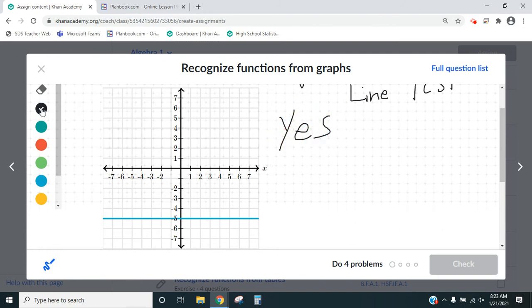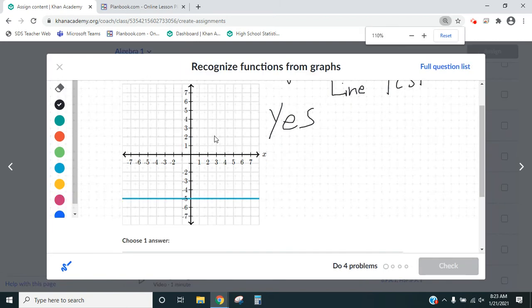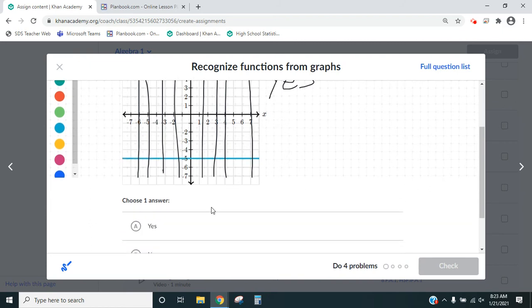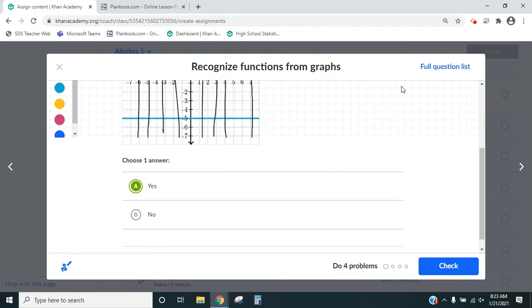It's impossible for me to draw a vertical line at any point and touch the graph, the blue line, more than once. So it passes the test, which means it is a function.